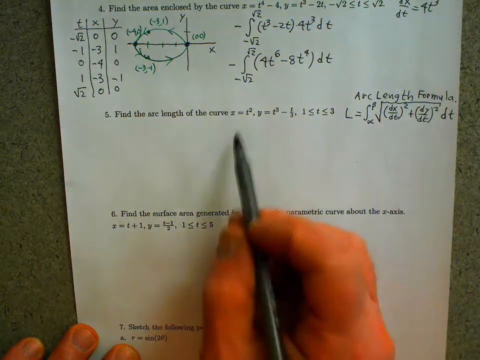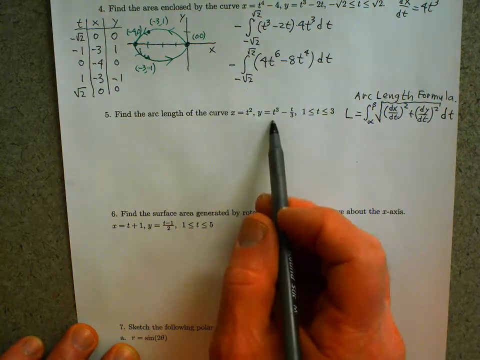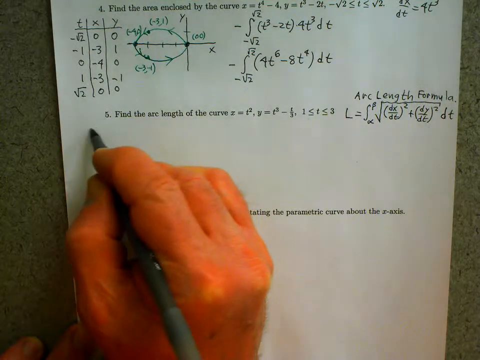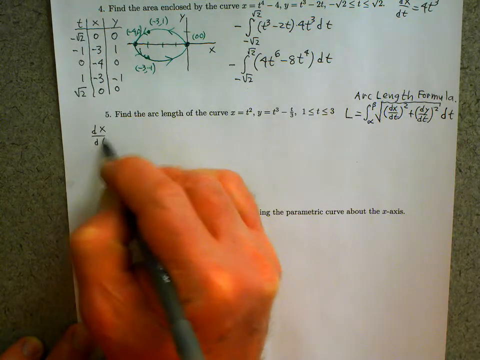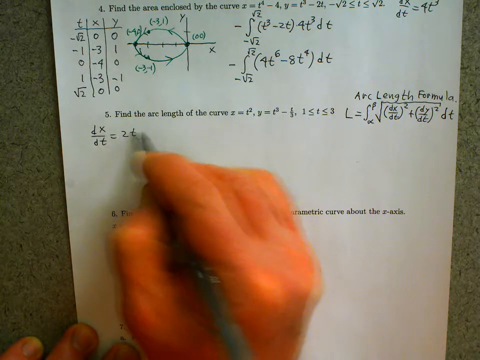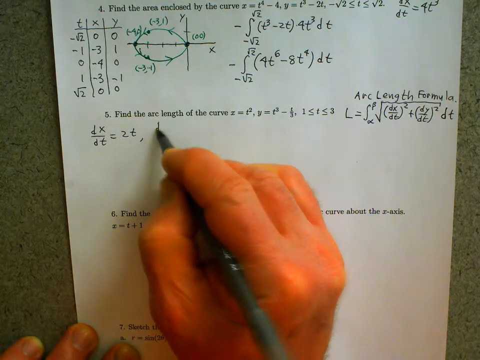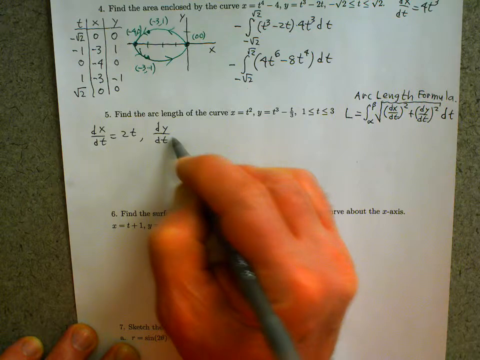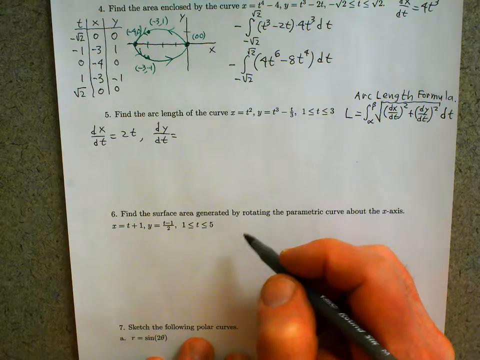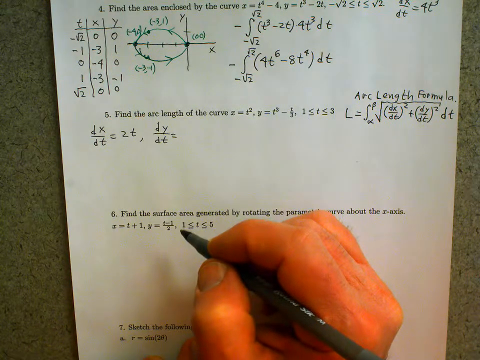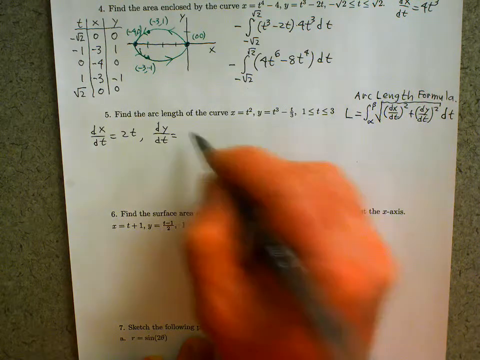Okay, so x is given in terms of t, and so is y. So first find dx/dt, which is 2t, dy/dt is 3t to the second minus 1/3.